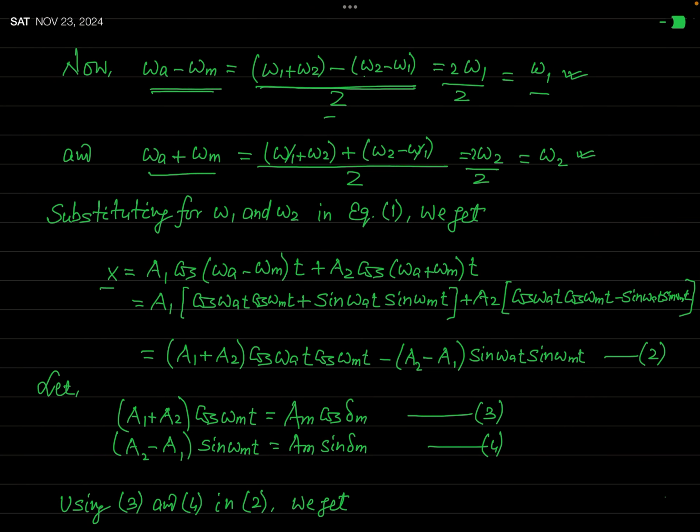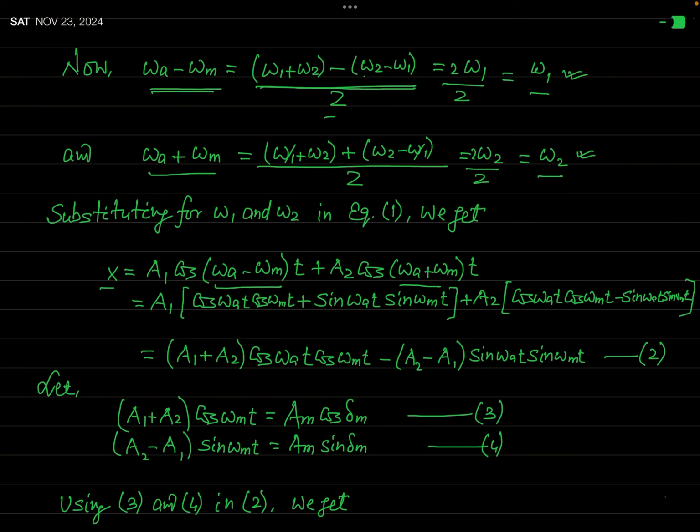So x can now be written as a1 times cosine of ω1t, but instead of ω1 we now write ωa − ωm. Okay, and plus the second term is a2 cos ω2t, but you can see ω2 is equal to ωa + ωm. So the second term is a2 cosine of (ωa + ωm)t. Okay.